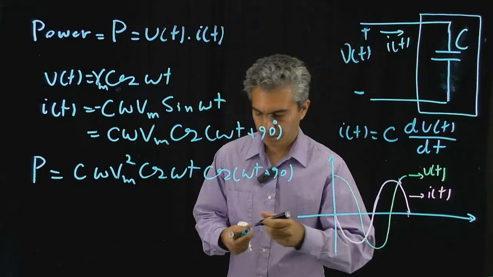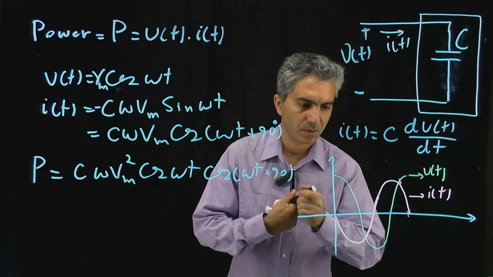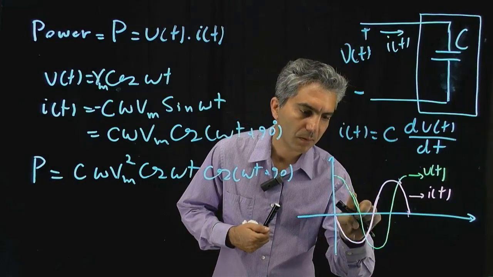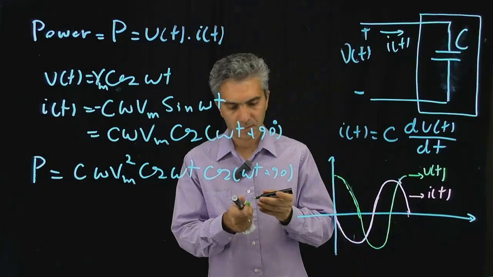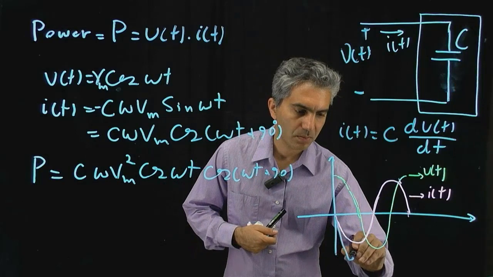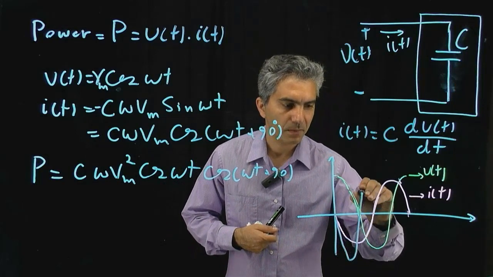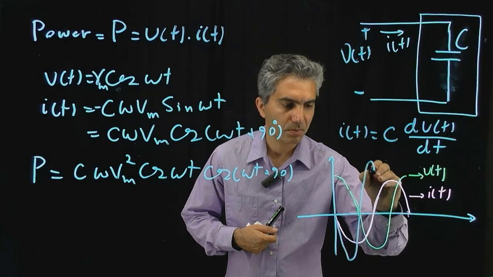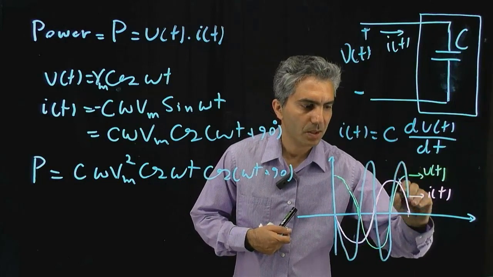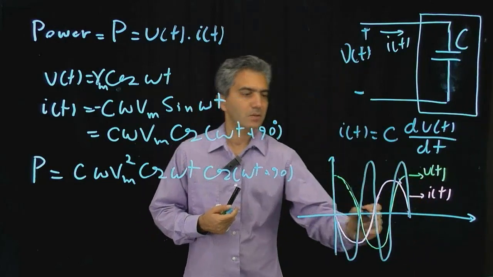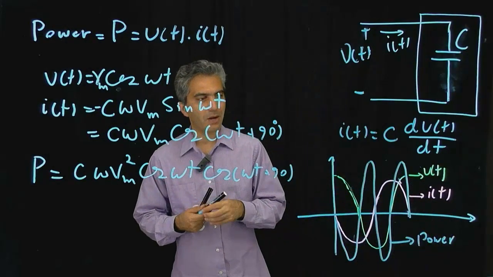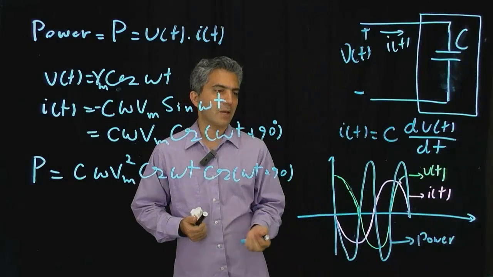It becomes a maximum negative, then goes back, becomes a maximum positive, maximum negative, maximum positive, and 0 again. So that's the power, and the power behaves exactly the same way.